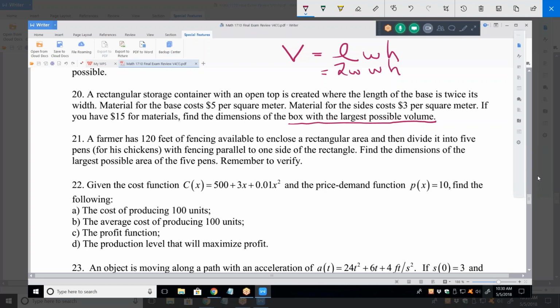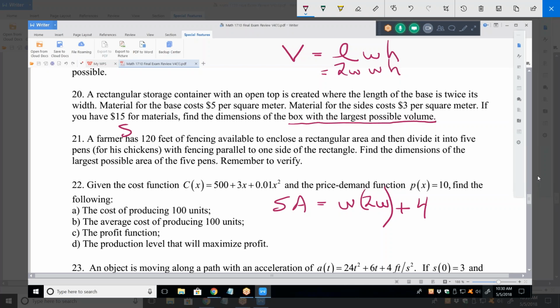So our other equation is in regards to the surface area, the materials for the base. So the surface area equation, here, let me go down here. Surface area equals the area of the base, which is width times length, which is 2W, plus there's 4 sides.